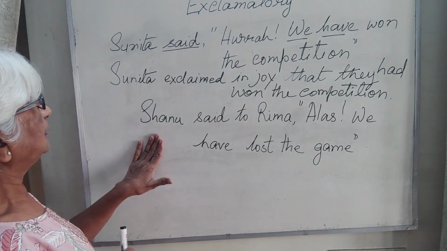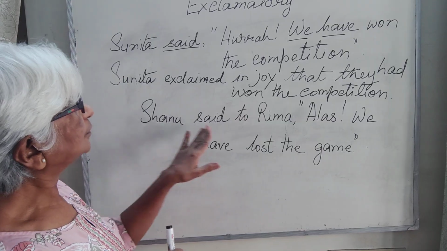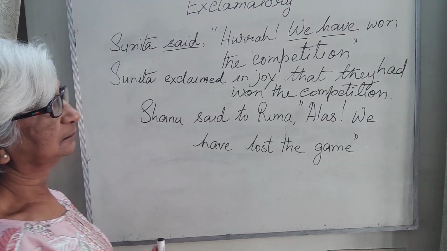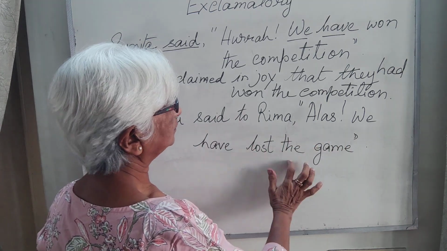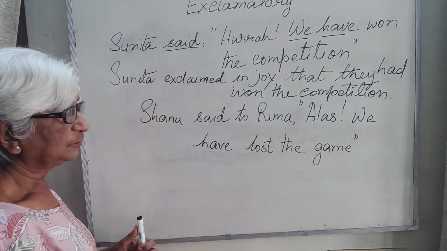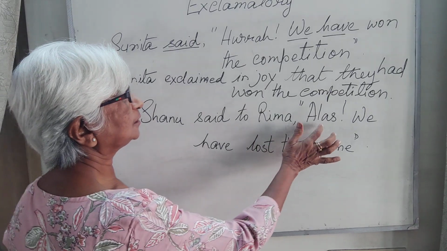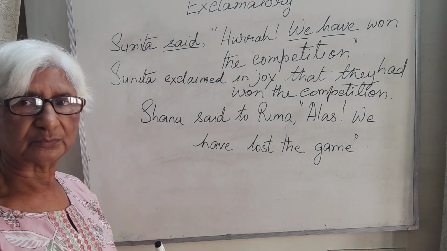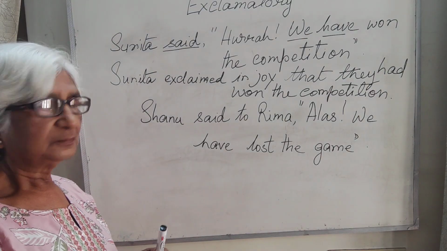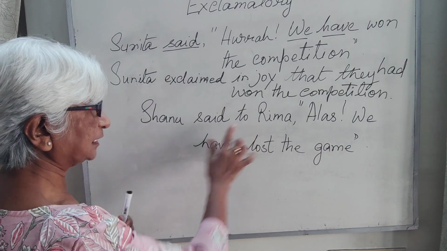Okay, see here the next sentence. Shanu said to Rima, "Alas, we have lost the game." So even if I don't use lost, if I just say alas, you can well understand that there is sorrow, there is some grief. So Shanu said to will become exclaimed.